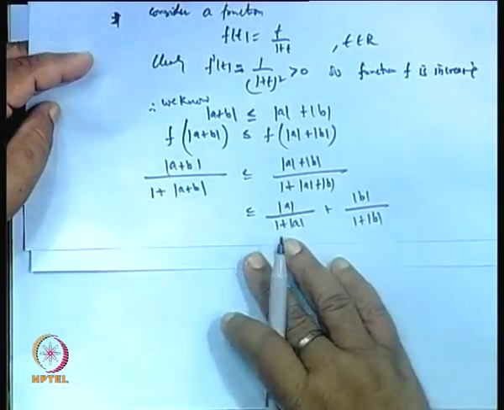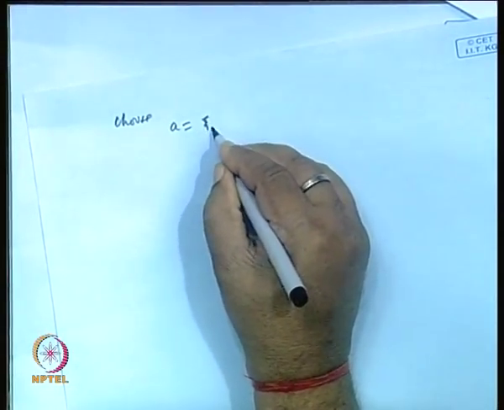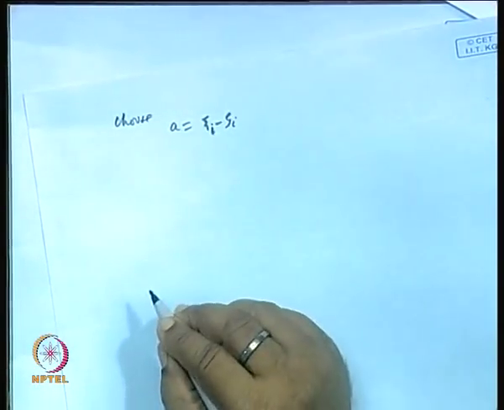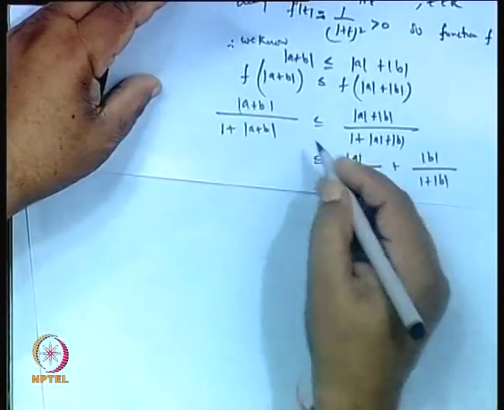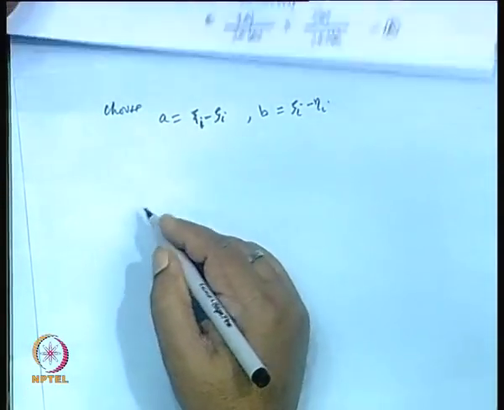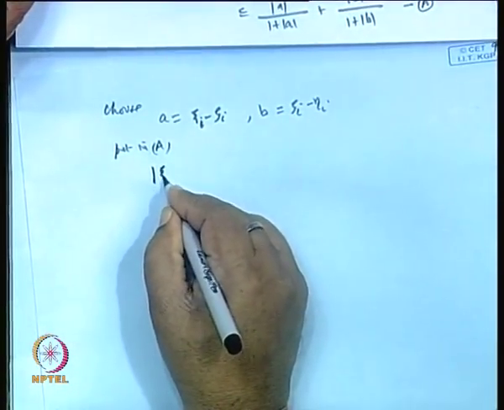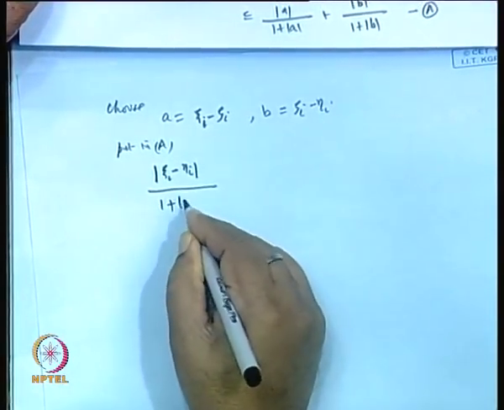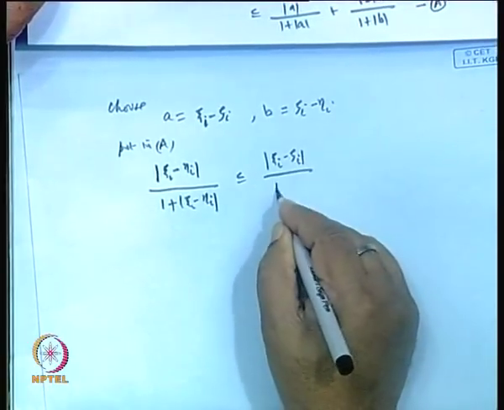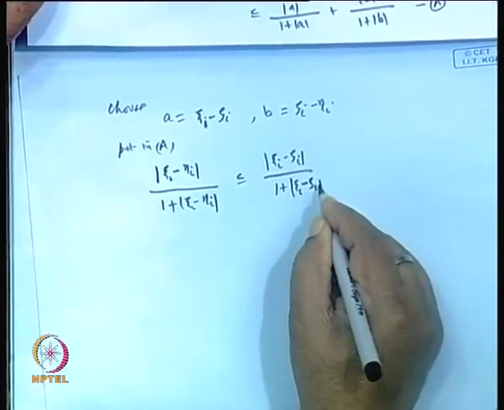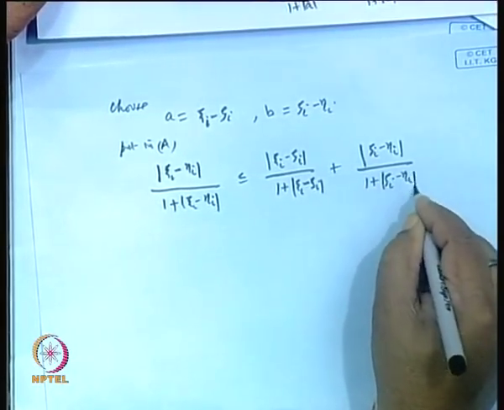Now, from here it can be shown, if I choose a to be xi I minus zeta I, and b to be zeta I minus eta I, then a plus b is xi I minus eta I. Substituting, what we get is mod of xi I minus eta I over 1 plus mod of xi I minus eta I is less than or equal to mod of xi I minus zeta I over 1 plus mod of xi I minus zeta I plus mod of zeta I minus eta I over 1 plus mod of zeta I minus eta I. Is it not?